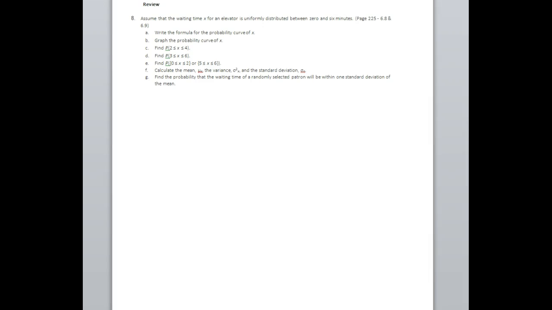All right. Number 8. Assume that the waiting time x for an elevator is uniformly distributed between 0 and 6 minutes.